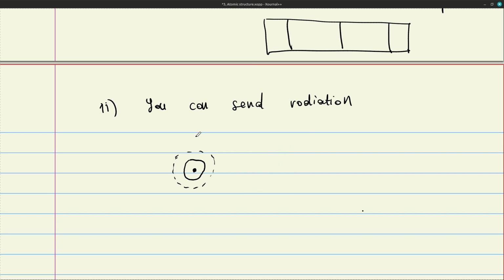Initially this electron is here, but I'm going to send all kinds of radiation, maybe radiation with a black body spectrum, and the right photon is going to hit this electron and promote it to here, right? And then when you put your detector here, you are going to see that the energies corresponding to this transition are going to be missing from this incoming radiation. And this is what we call the absorption spectrum.